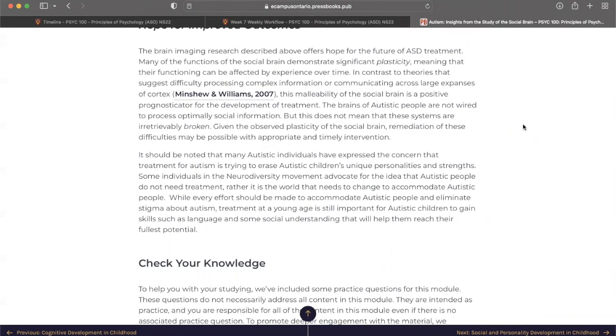Rather, it is the world that needs to change to accommodate autistic people. While every effort should be made to accommodate autistic people and eliminate stigma about autism, treatment at a young age is still important for autistic children to gain skills such as language and some social understanding that will help them reach their fullest potential.